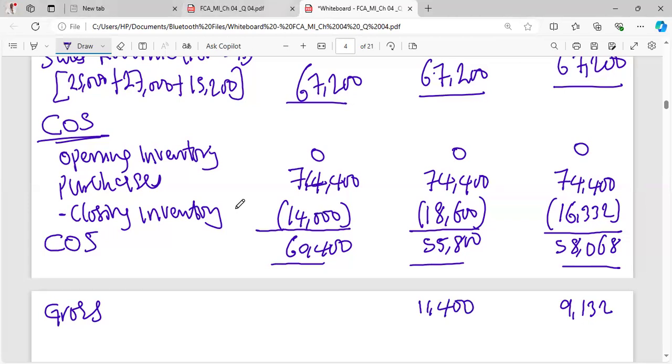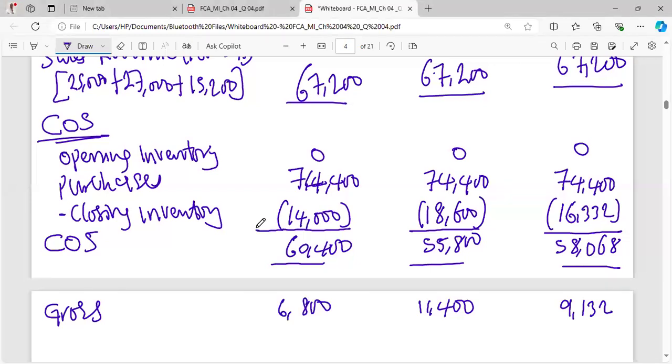And now let's do the last one. 67,200 minus 60,400 is 6,800. So your gross profit is 6,800.